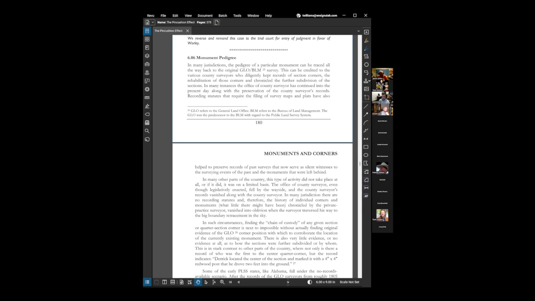Anybody willing to jump in and answer that? I don't know about the GLO corners, but pedigree for any monument here would be just have it shown on a map. Where did it come from? What map set it? Can you tell? And did any other maps perpetuate it?